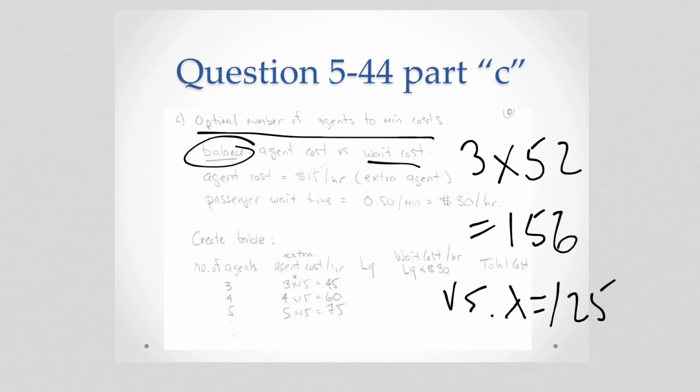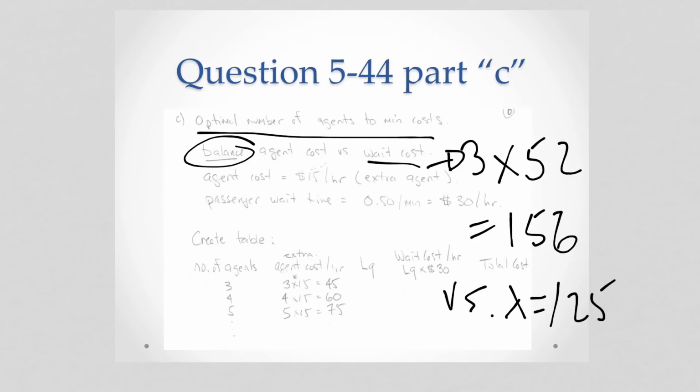There's no point in starting below 3 because you need at least 3 to accommodate the 125. 3 times 52 is 156. You can't have a situation where your lambda is greater than your mu times the number of servers, because otherwise you would have an infinite line. So that's the reason why. Hopefully that's clear.